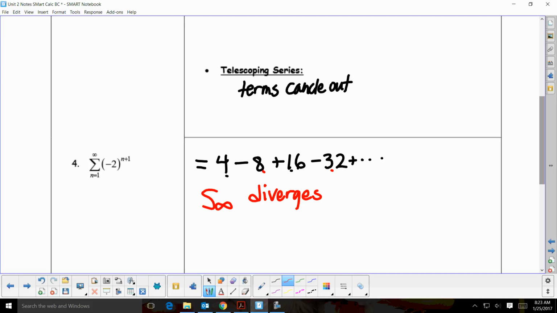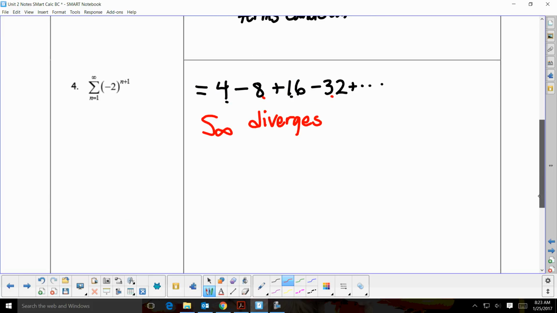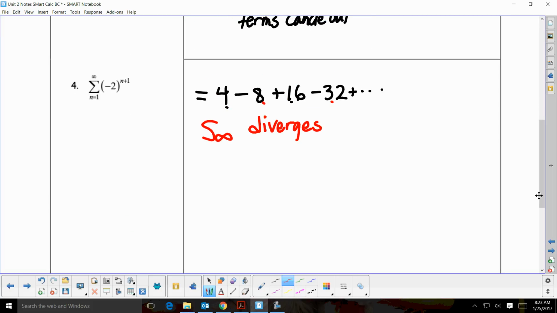And again, this is by looking just at the partial sums of what's happening. Just as long as we know it diverges, we don't need to figure out the rest.